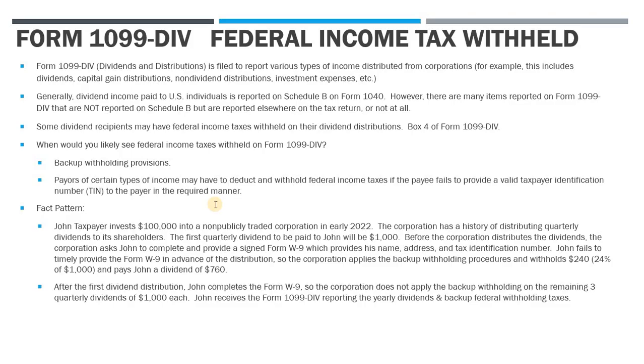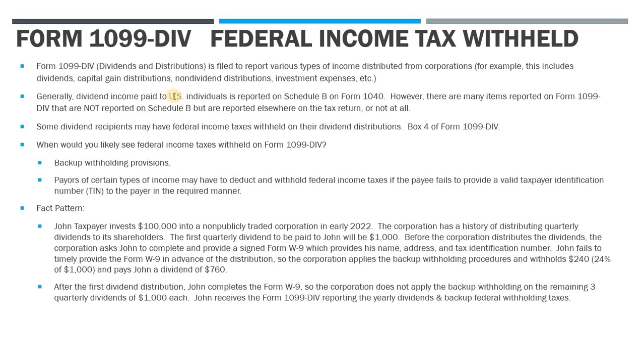And in addition to those two items, I do have one slide here covering some background on the 1099-DIV, and then just more information on federal income taxes withheld under this scenario and then the fact pattern itself. So broadly speaking, 1099-DIV, that's for dividends and distributions. It's filed when a corporate taxpayer distributes money, so cash or property, to a shareholder, right?